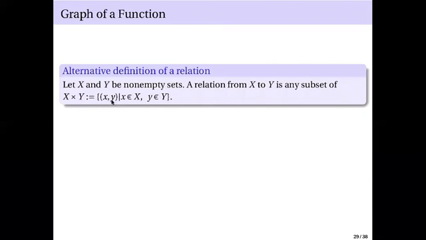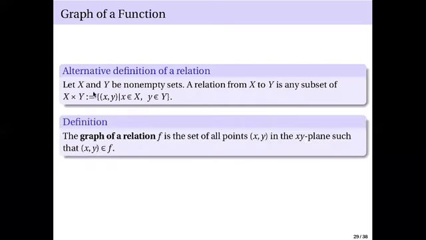So I am using the same term, coordinates, because what we're going to do is to put it in the rectangular coordinate system. Okay? Now, the graph of a relation F, this is the set of all points x, y in the xy plane.